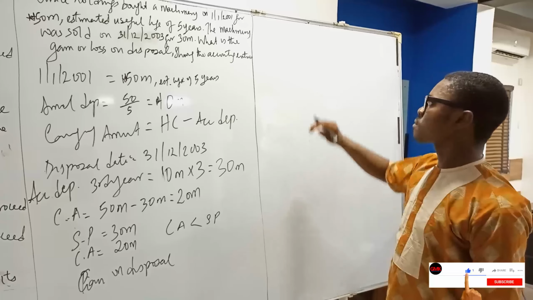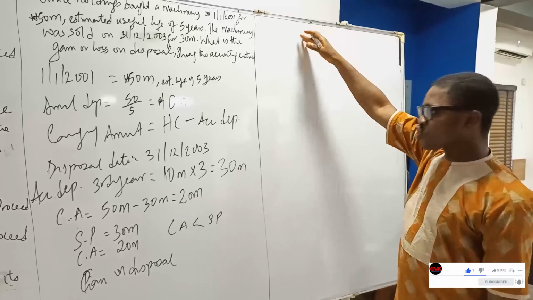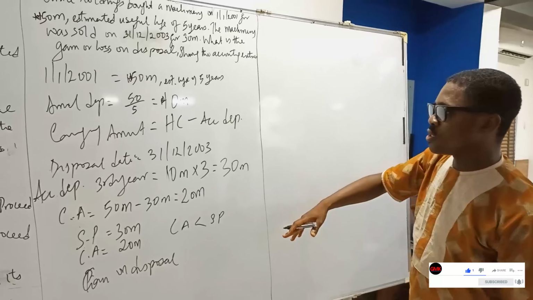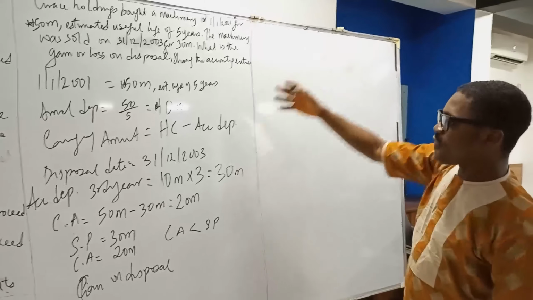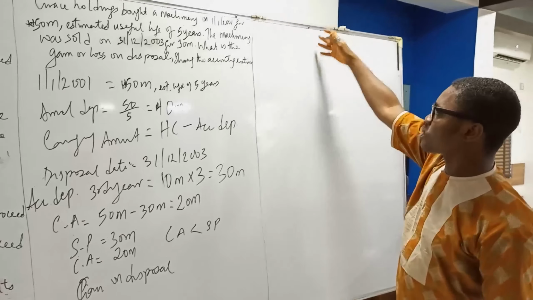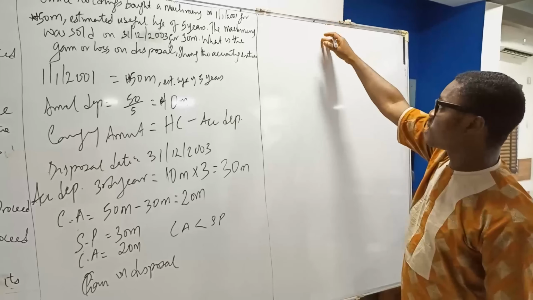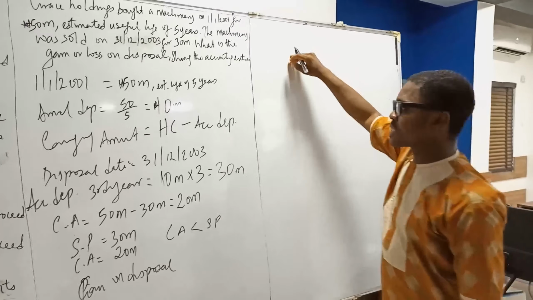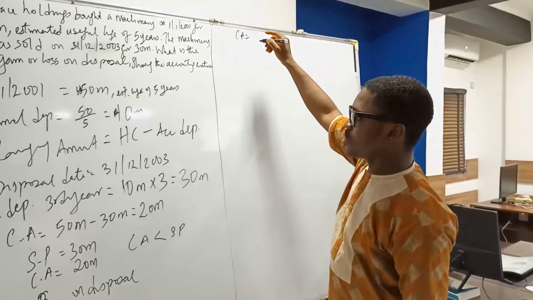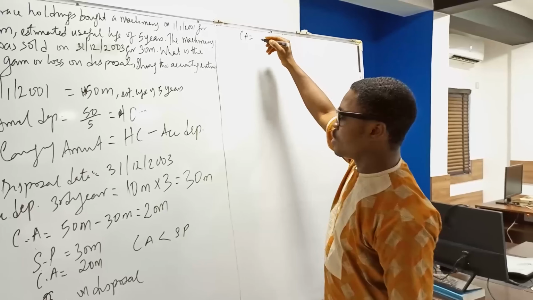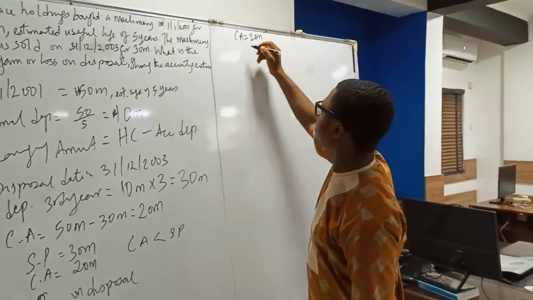Going to the accounting and showing this transaction in the books of Grace Holding, we need to set these parameters right. Our carrying amount is 20 million naira.